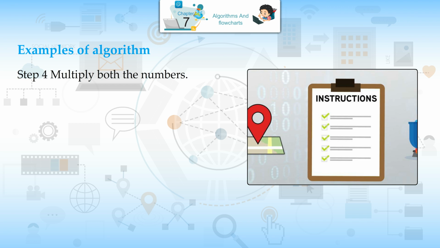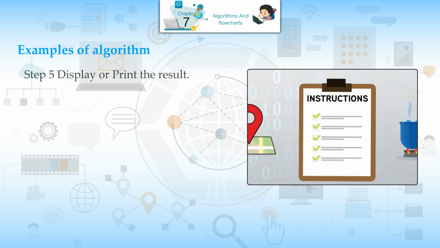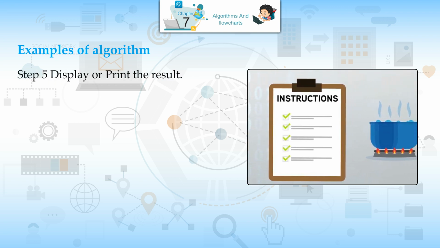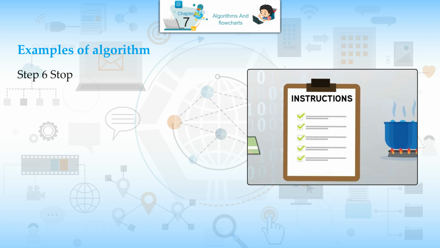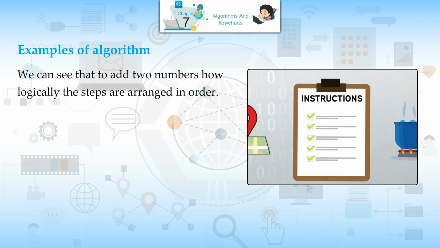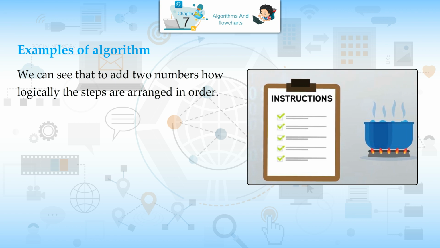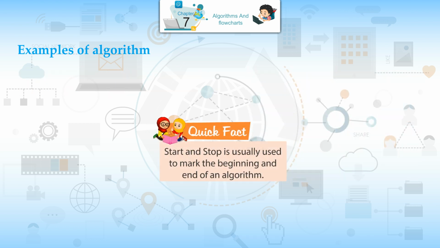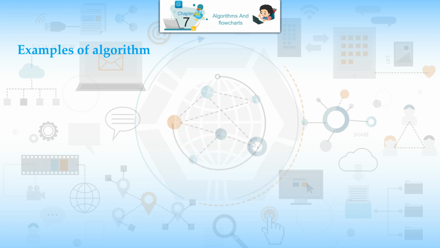Step 4. Multiply both the numbers. Step 5. Display or print the result. Step 6. Stop. We can see how logically the steps are arranged in order. Quick fact: start and stop are usually used to mark the beginning and end of an algorithm.